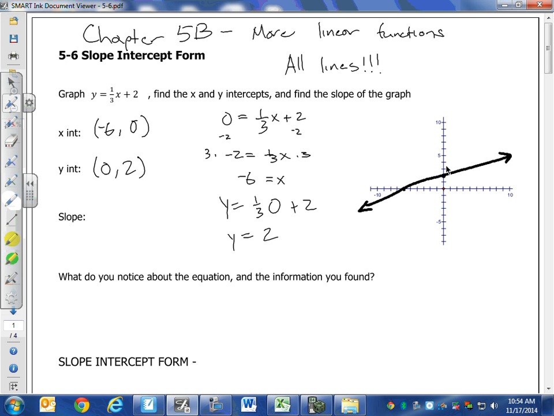Just simplify it. That's not right. Do it again.